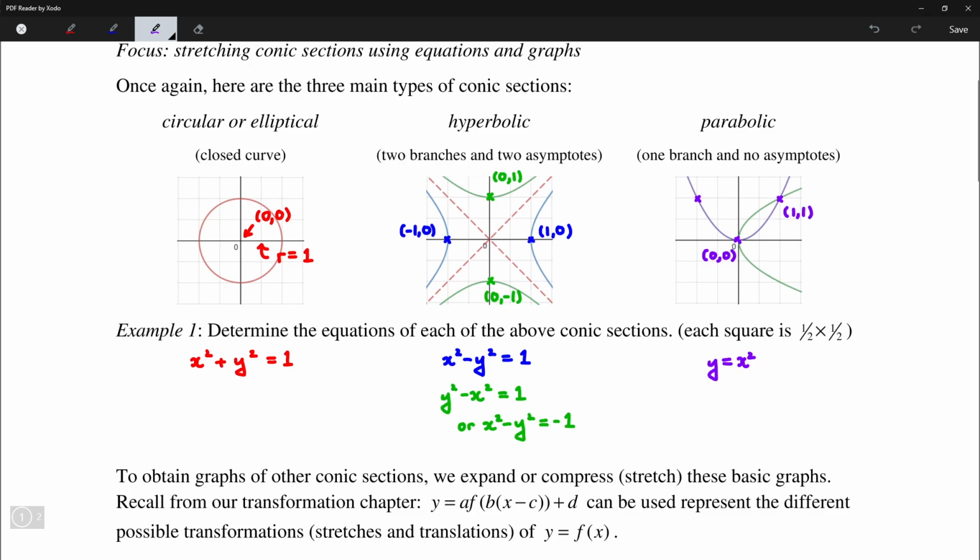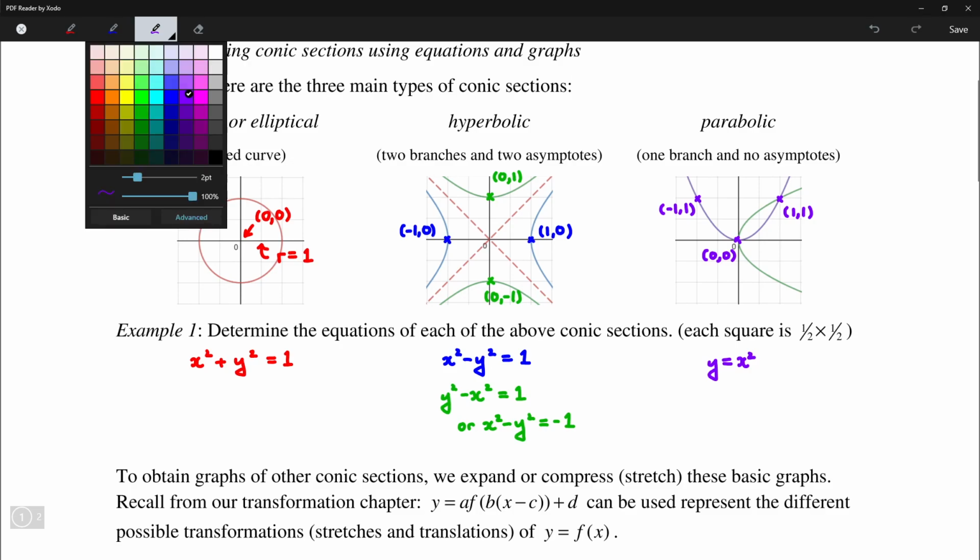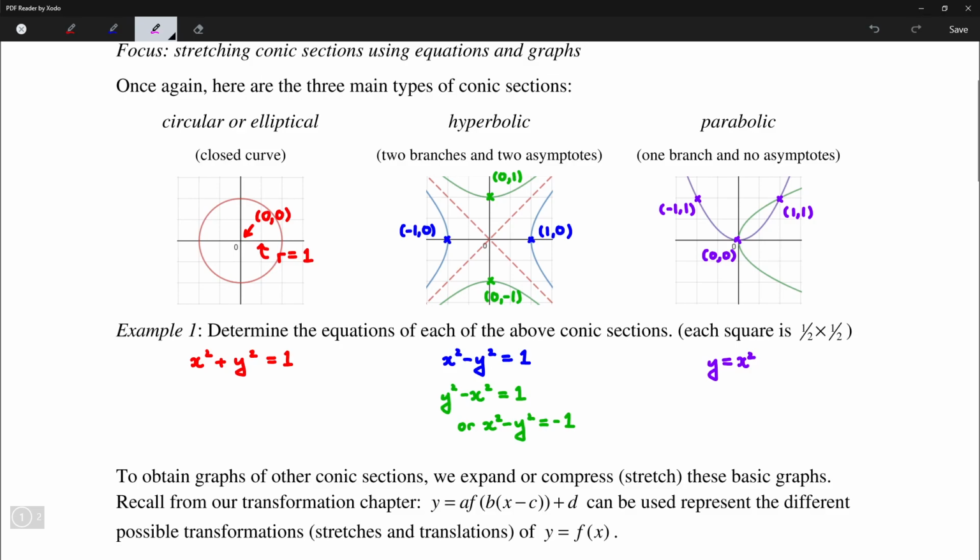So this point is 1, 1, and on the left we have -1, 1. And finally, we also have a parabola on its side. And the equation for this will be x equals y squared.